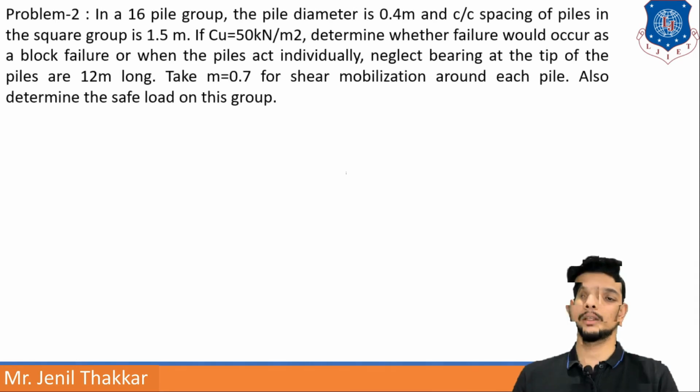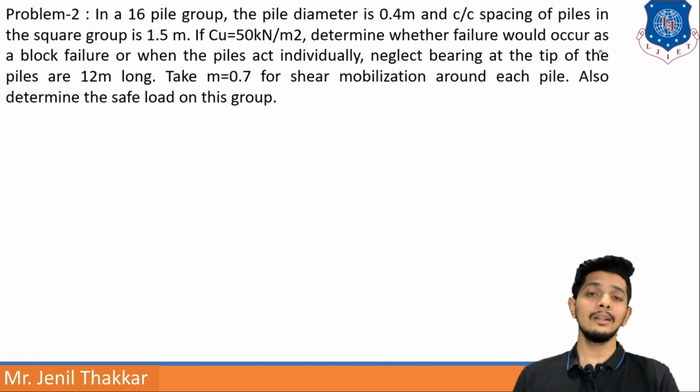Problem 2. In a 16 pile group, so there are 16 piles in a group. The pile diameter is given as 0.4 meter and center to center spacing of piles in the square shape. So piles are in the square shape, so 4 cross 4 must be there, and spacing is given as 1.5 meter. C, cohesion, is given as 50 kN per meter square. Determine whether failure would occur as a block or when the piles will act individually.